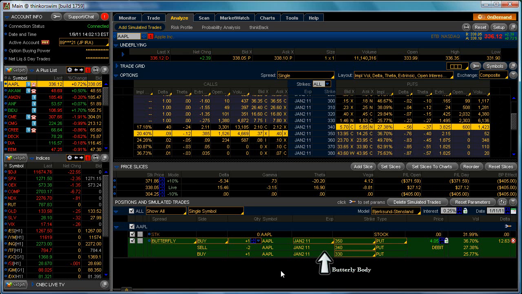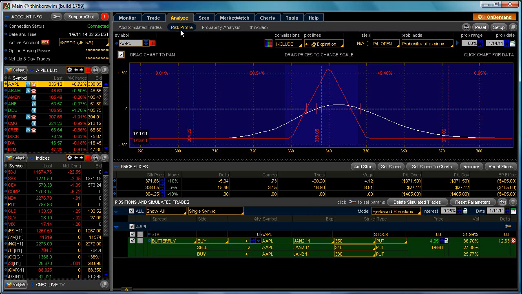So that means that this is a defined risk trade. You covered both your shorts, one above and one below. That's all. It's like a credit spread, sort of, or a debit spread, however you want to look at it. Let's go take a look at the risk profile. And if you think the stock's going to be at 340 on expiration Friday, this would be a really good trade, wouldn't it?